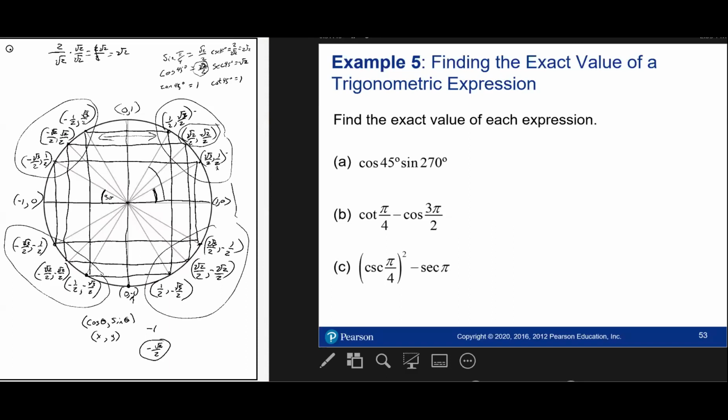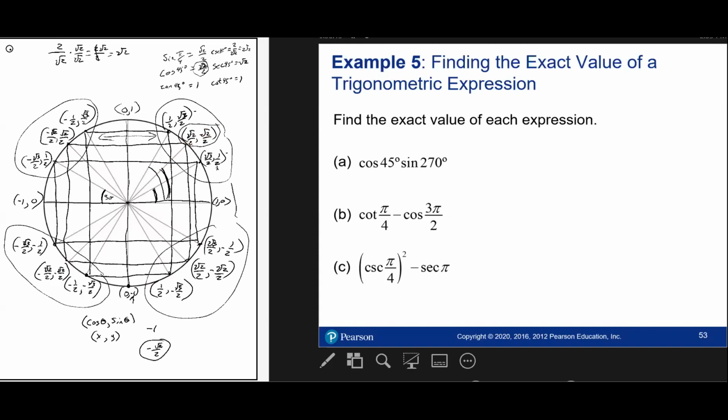Cotangent of pi over 4. Pi over 4 is 45 degrees, and cotangent is x over y, which is 1. So in this case, the cotangent of pi over 4 is 1.